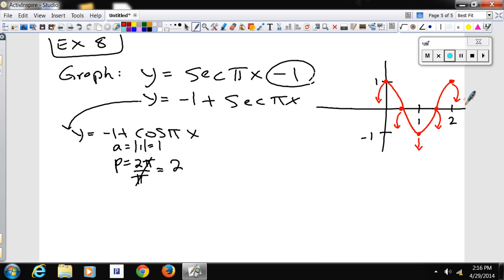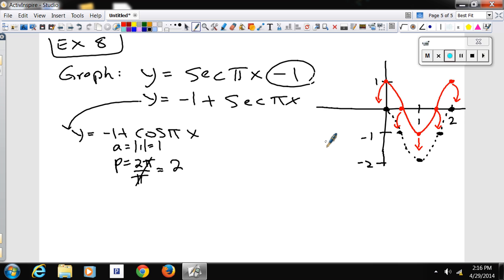In black, I'm going to put the correct one: you come down to the origin. This would be down here at -1. This one would be down at -2. This one would be back at -1. This one would be back on the 0 line, not an intercept. And that dotted line is my guide. That's going to help me draw the secant graph.